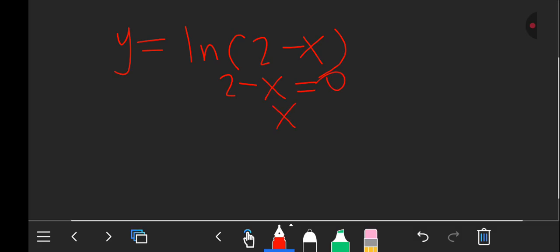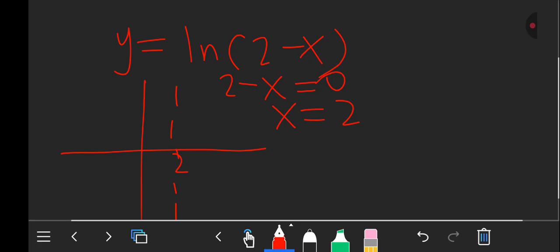So meaning that x will be equal to 2, right? So the asymptote will shift. Instead of being on 0, it will shift to 2. Then the graph will be like this. So the asymptote has shifted to positive 2.